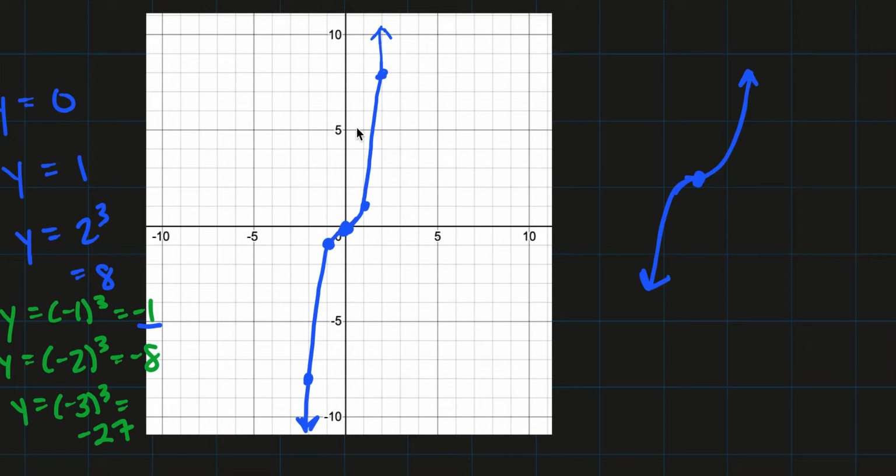It's not symmetric about the y-axis, because if you folded this in half, you could see that this piece is not over here. And it's not symmetric about the x-axis. If you folded this graph in half here, this piece wouldn't show up down here. But it's symmetric about the origin. Whatever you see here is flipped and put on this side here.